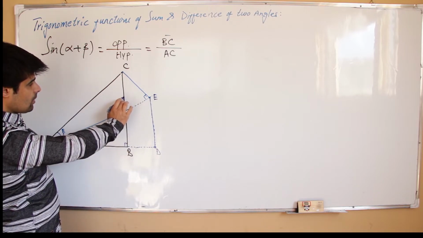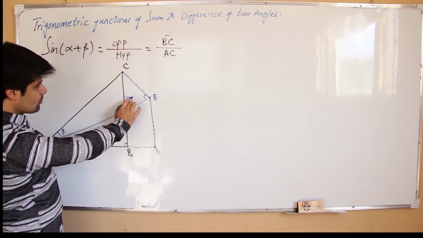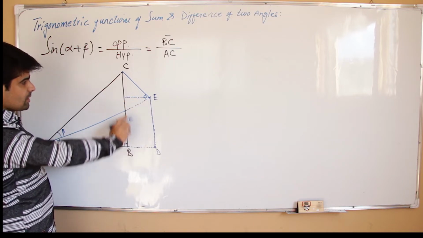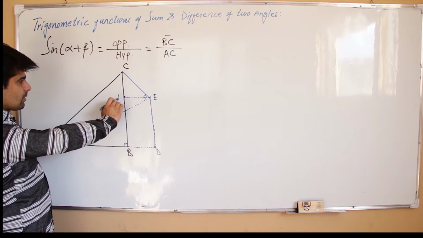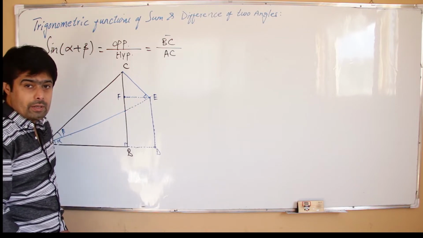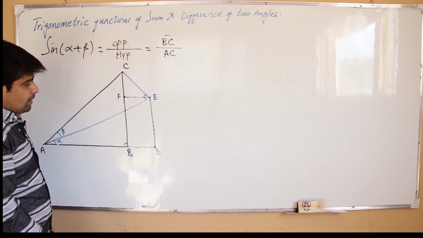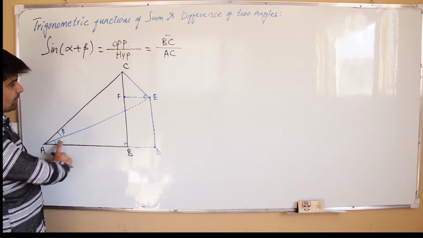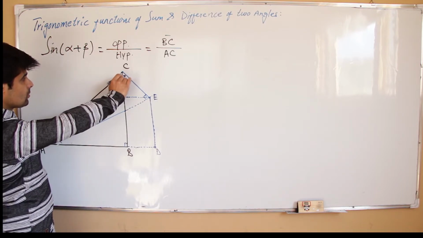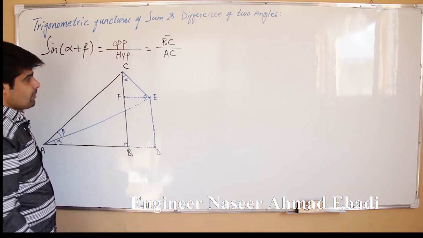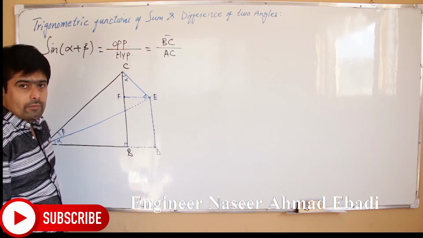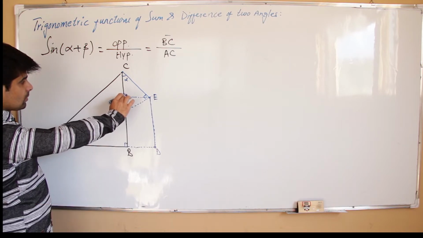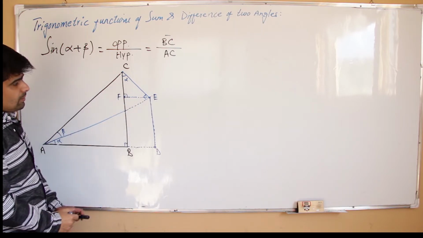And I want to draw a line parallel with BD, and this name is F. By the law of geometry, if this angle is alpha, this angle is also alpha. Have you got it? Yes. So this is also a right angle triangle.